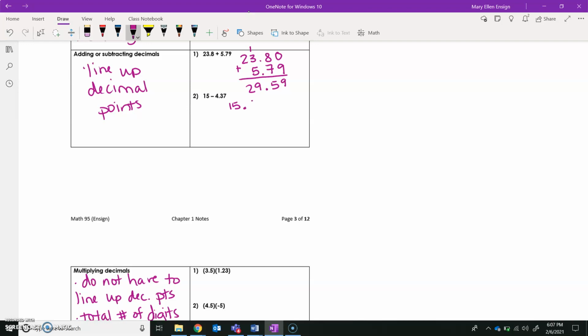Okay, so we need to fill in with zeros here. We're going to subtract 4 and 37 hundredths, so I line up the decimal places. Now, the biggest mistake I see, the most common mistake here, is that people want to do 7 minus 0. We can't do that. You always have to go top minus bottom. So I can't do 0 minus 7. I have to come all the way over here. This becomes a 4. What I did is I cashed in one of my ones places, and I'm going to make it tenths.